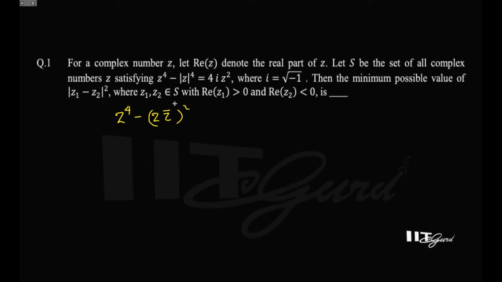You can write this as mod z, and here you say 4 iota z square. Dividing this, we get (z plus z bar) by 2 into (z minus z bar) upon 2 iota. This much we have discussed previously, and that is 1. So this is x into y equal to 1.